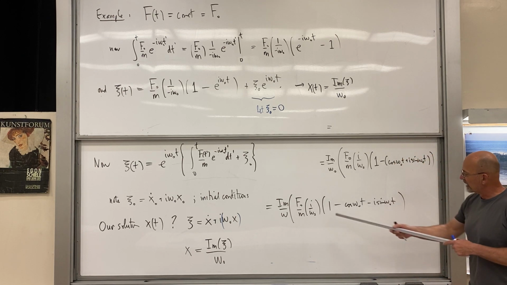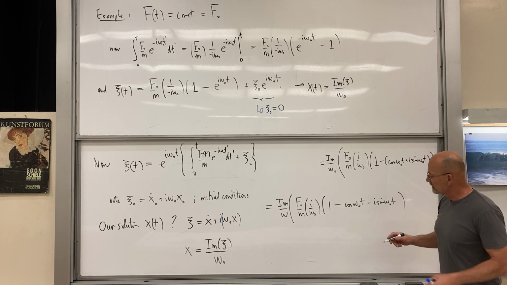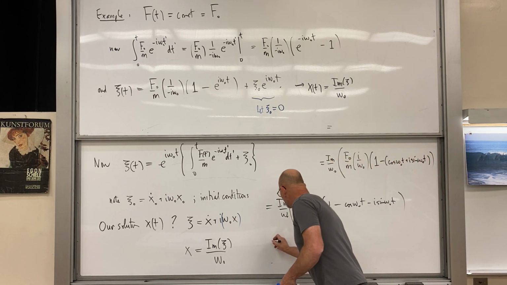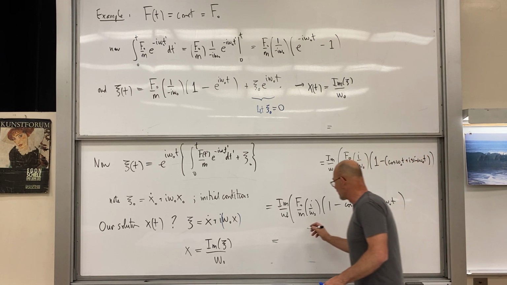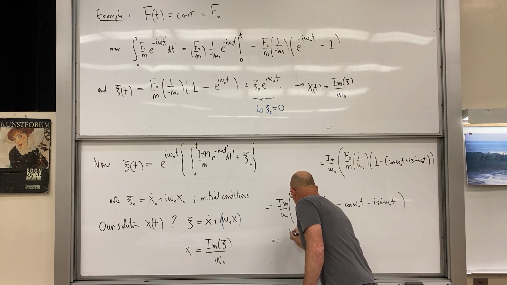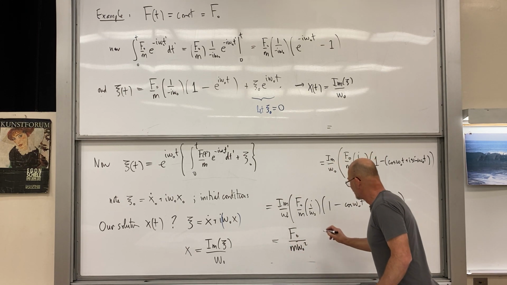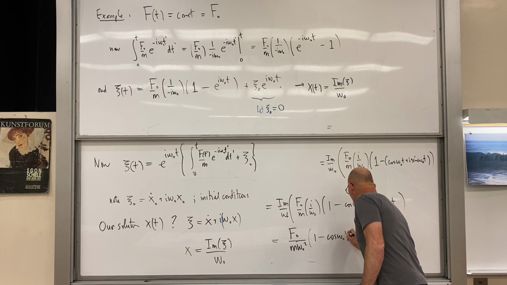Okay. So I just make the point: I times I is going to be real, and therefore what we're looking at for our imaginary part over omega naught is just everything except for that. So what do we end up with? We get F naught over M omega naught squared times 1 minus cosine omega naught t.